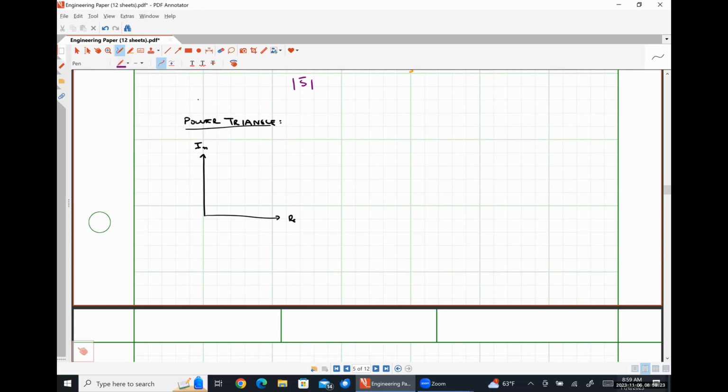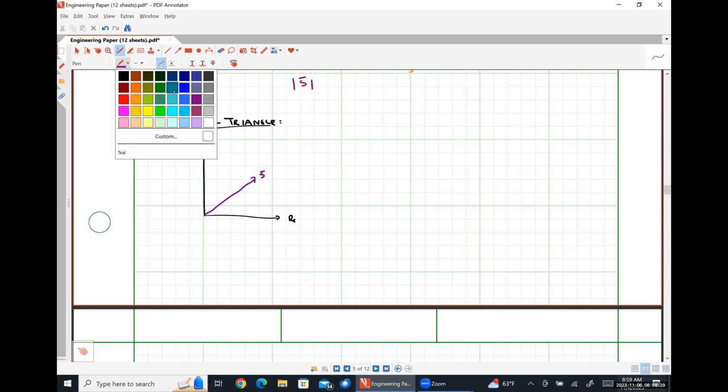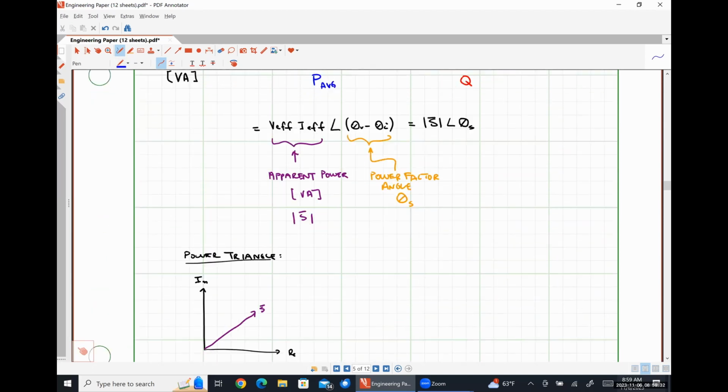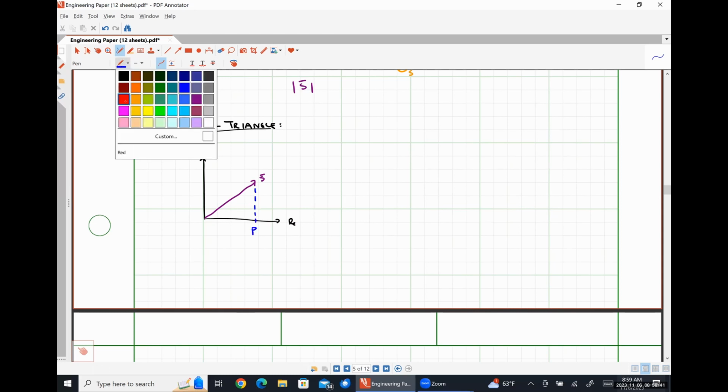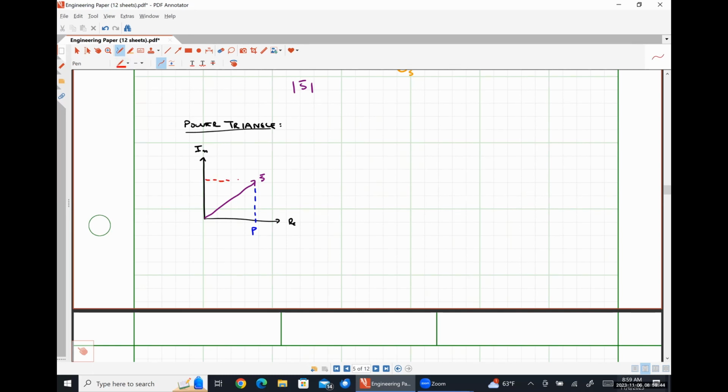For some generic complex power S, the projection of S onto the real axis is simply P. The projection of S onto the imaginary axis is Q. The length of S is our apparent power, and the angle formed by S with the positive real axis is our power factor angle.